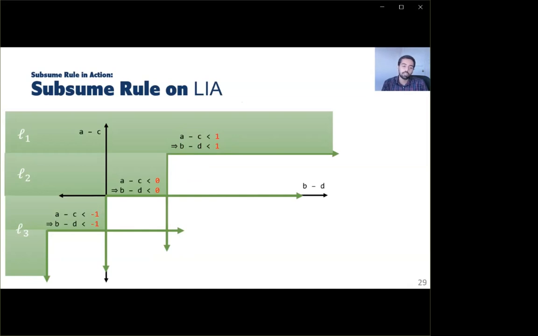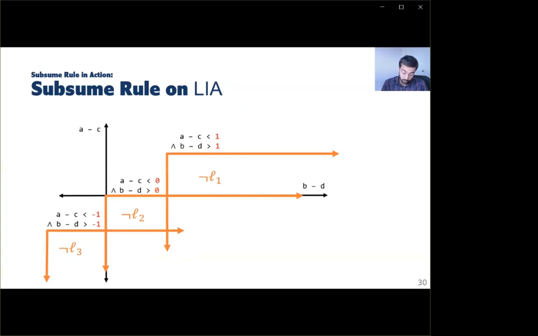In order to compute a subsume lemma, we first go into the cube space, which is the negation of the lemma. Now we can see that each of these is now a conjunction rather than an implication. The nice thing about this is that these are polytopes. We can apply a convex closure algorithm to compute the convex closure of these three shapes.